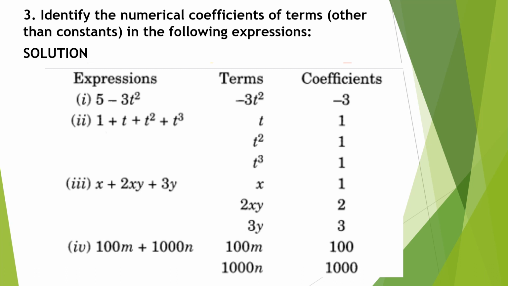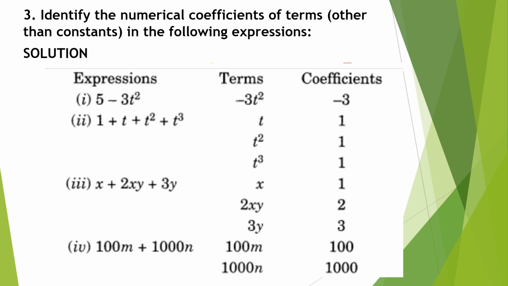The terms are 5 and minus 3t square, but we are not writing 5 here. Why? Because in the question it is given the terms other than constants. Here 5 is a constant, so we are not considering that one. We can take the other terms which are other than constant. So in the first question, our first term is minus 3t square.